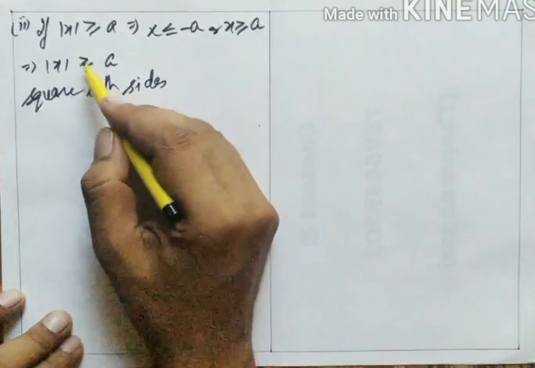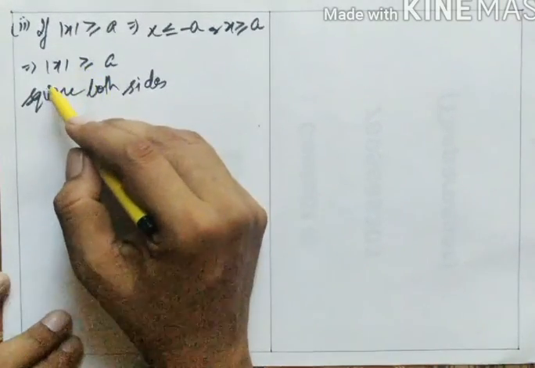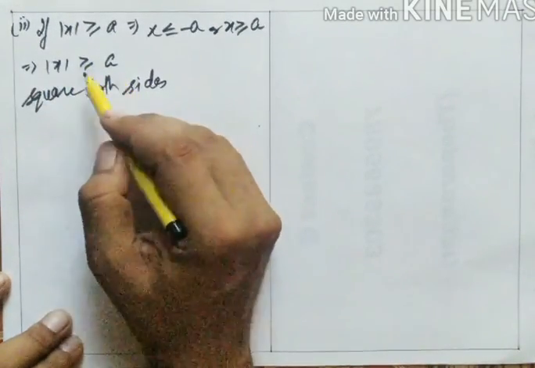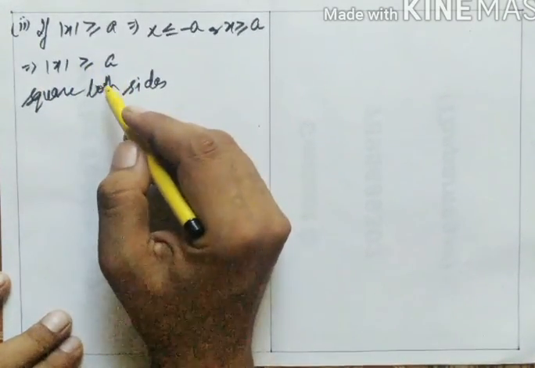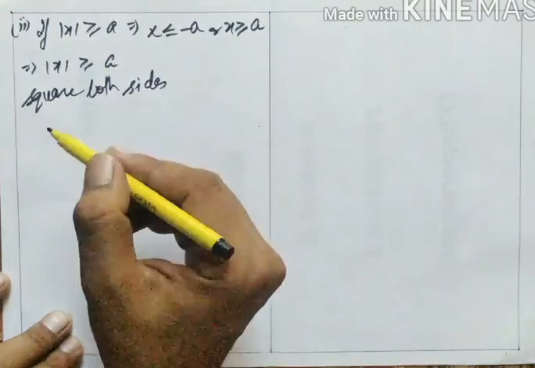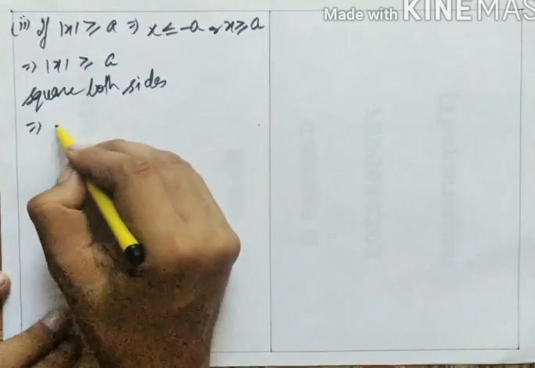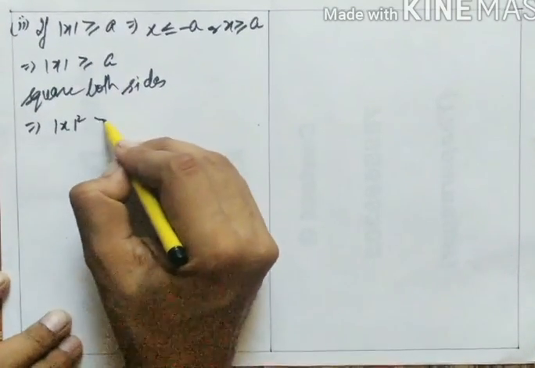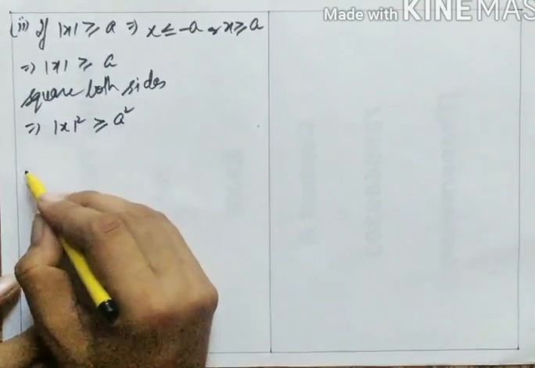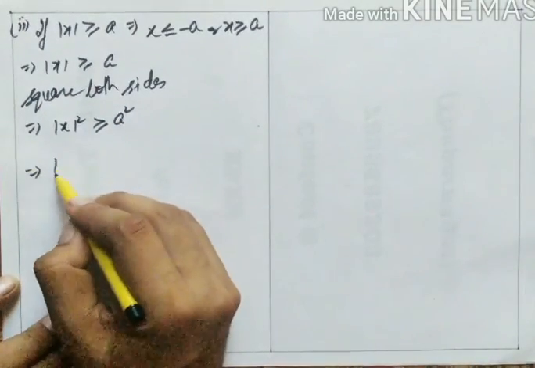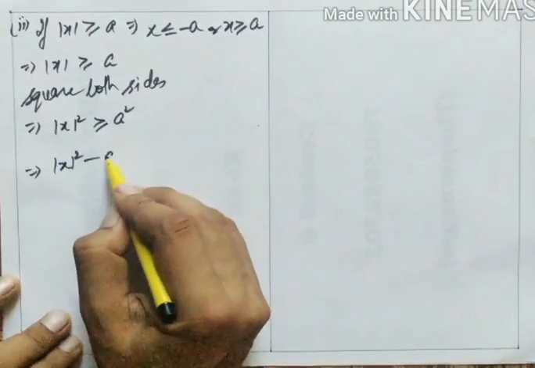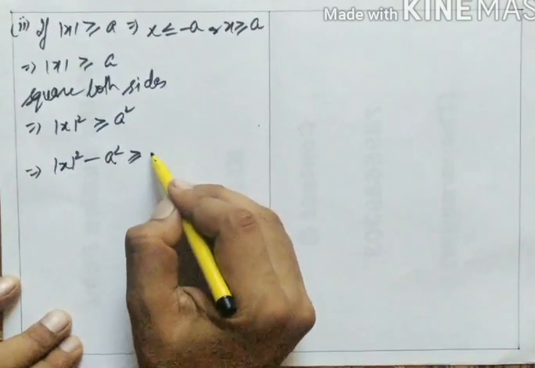Remember this thing that if the inequality sign is there and towards the left hand side and right hand side of the inequality sign we have positive numbers, we can square both sides without affecting the sign of inequality. So let us square both sides. This will give us mod of x whole squared is greater than or equal to A squared. Let me bring A squared towards the left hand side. Mod of x squared minus A squared is greater than or equal to 0.